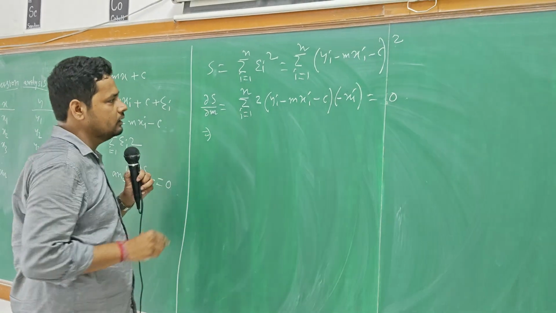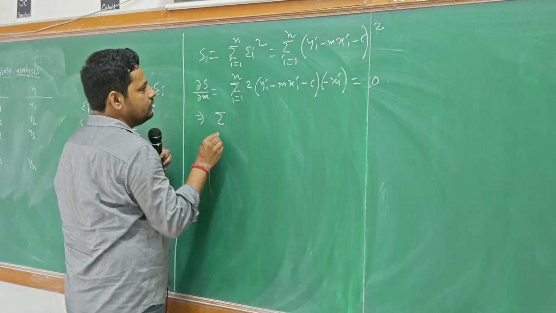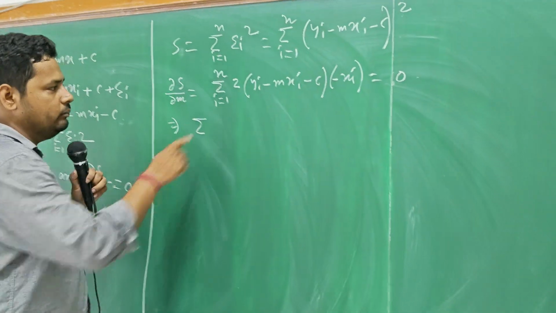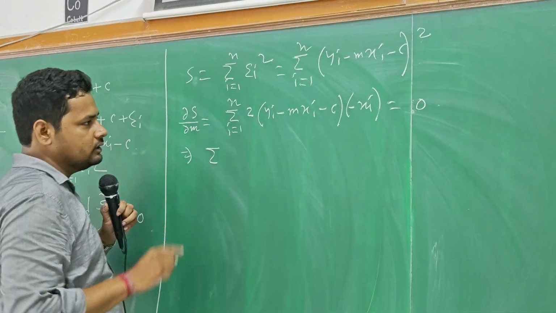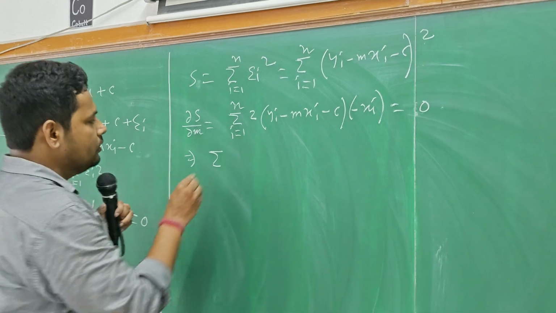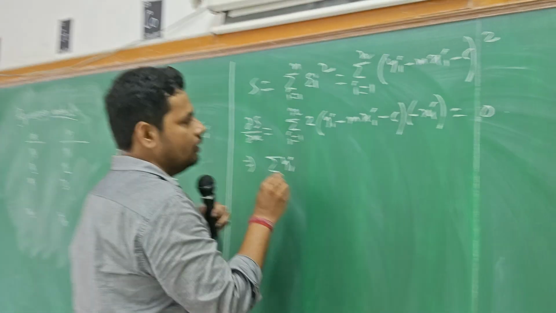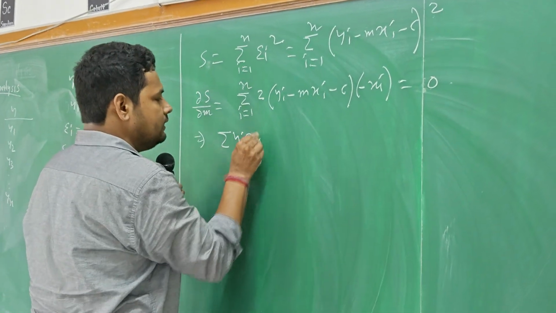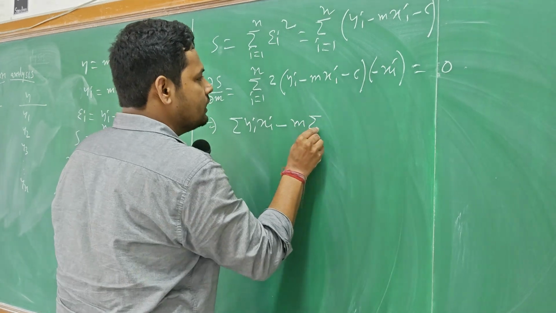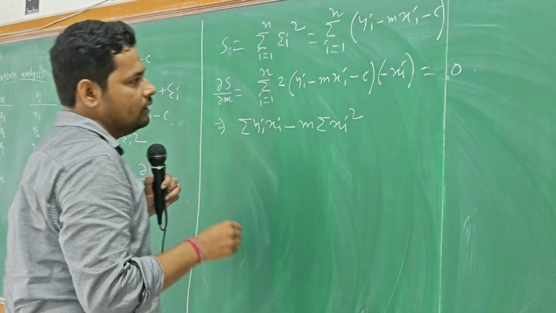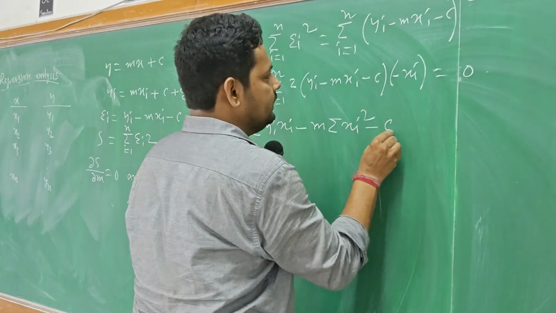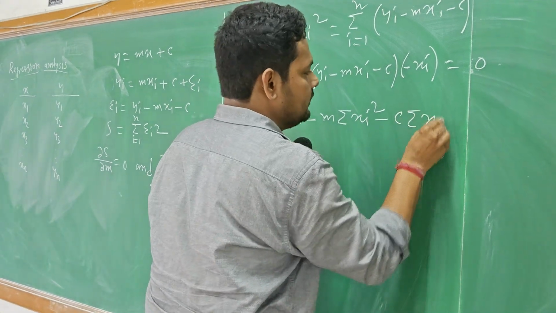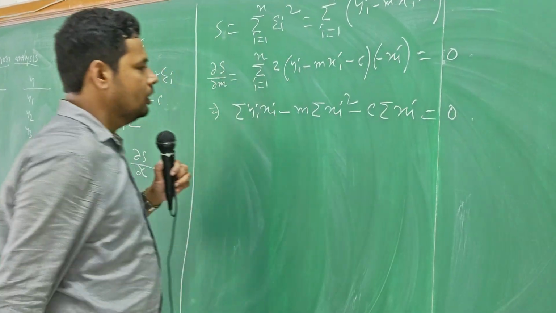This implies that summation, we are not writing the limit i equal to 1 to n, so instead of this we are writing the summation. So this is summation yixi minus m into summation xi square minus c into summation xi equal to 0.